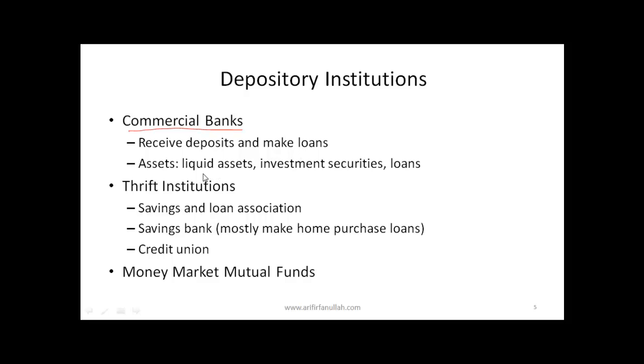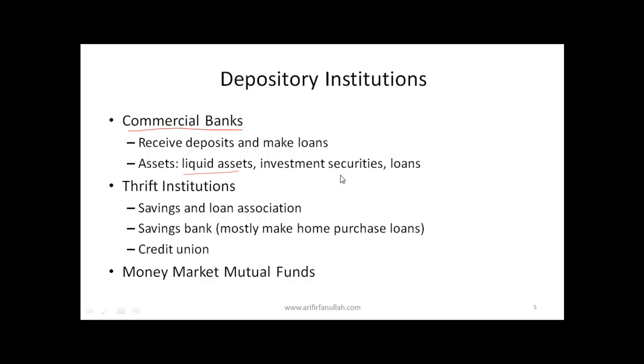What are their assets? Their assets might be liquid assets, so their assets might be the cash that they have. When a bank receives money and buys treasury bills out of it, is that an asset? So the treasury bill is an asset for the bank because they have used money and bought treasury bills. The cash sitting at a bank, is that an asset for a bank? That's an asset.